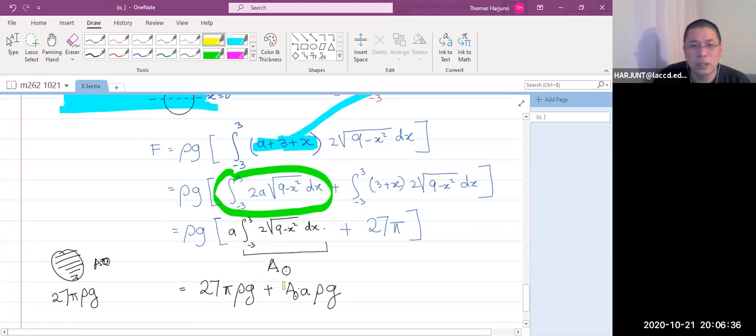Okay, so this is the extra hydrostatic force because you push that further in.